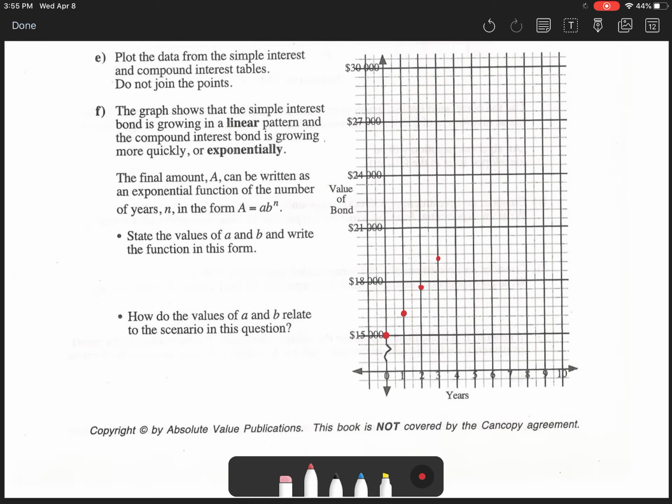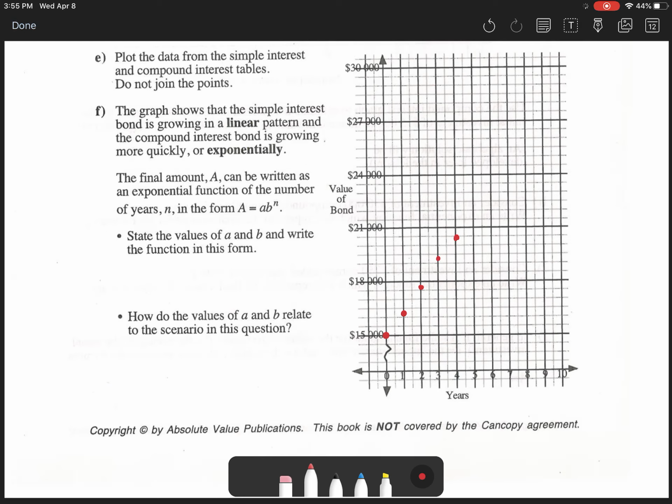Year 3, where am I? Right there. So year 3, 19,000. Again, you'll see that the shape it's taking here is a line. So it should be very, very linear in appearance. Year 4, just over 20,000. So year 4, just over 20,000.